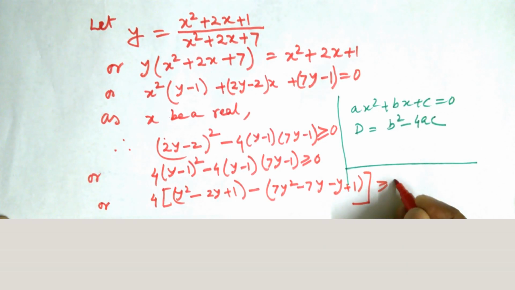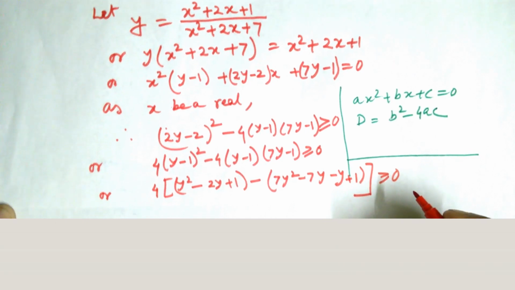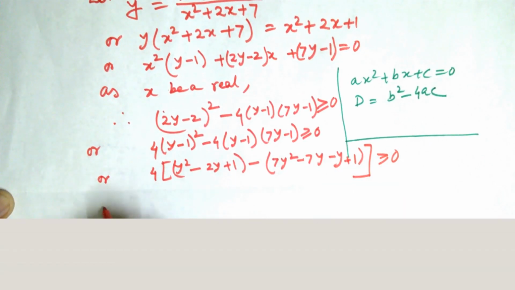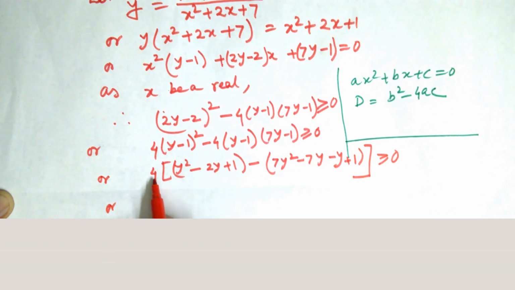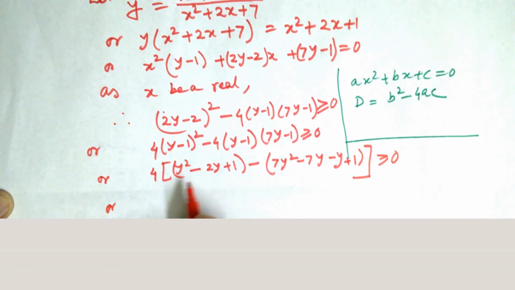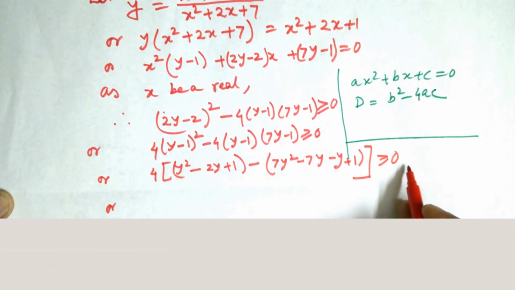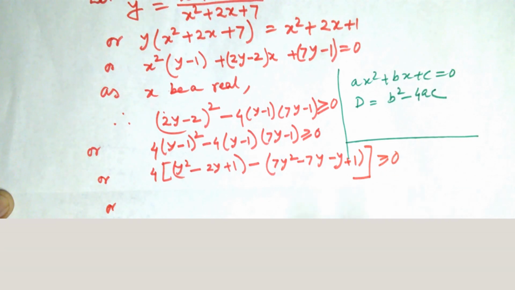All this is greater than or equal to 0, and dividing by 4 the constant term gives 0.